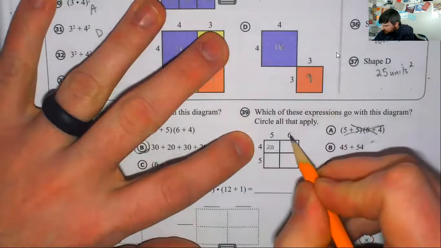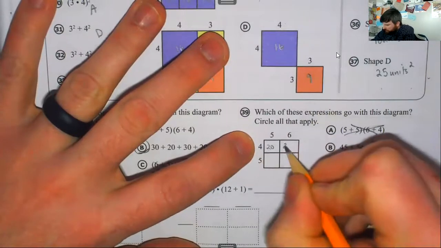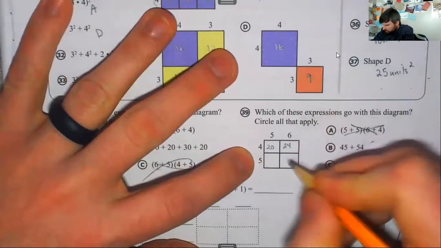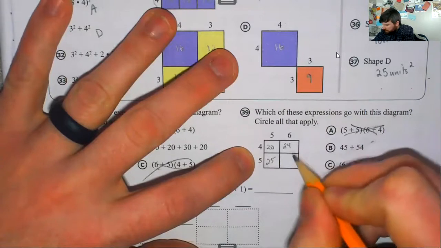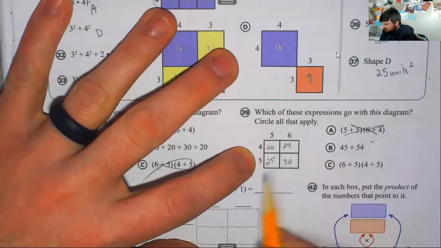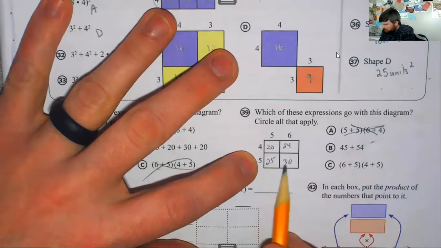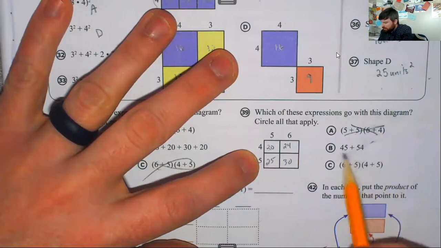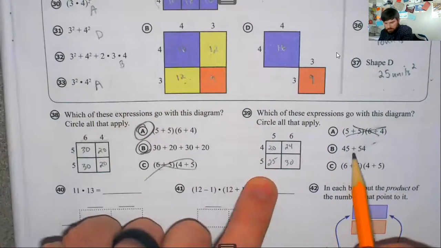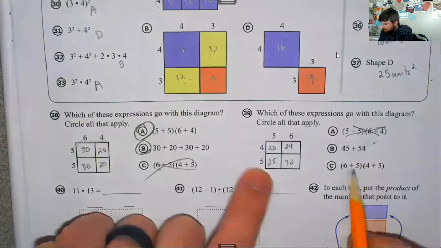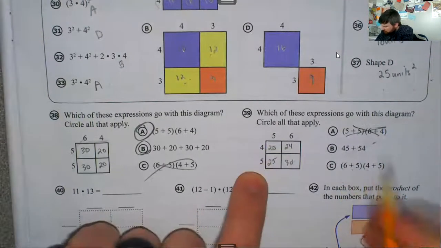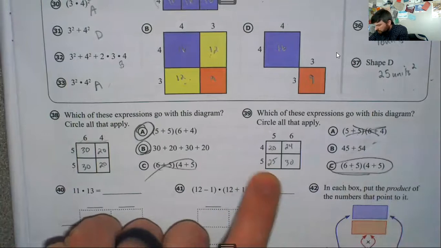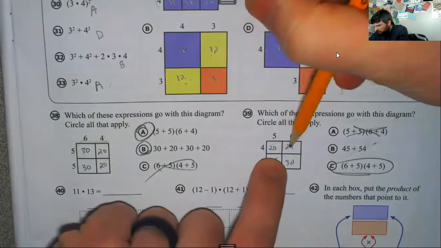You got 6 times 4 is 24. 25 and 30. So this is 55 or 44. I'm just trying to see how I can get those numbers there. 6 plus 5 times 4 plus 5. Yeah, that one works. So this is 44.